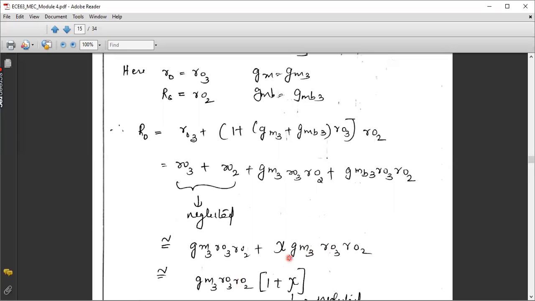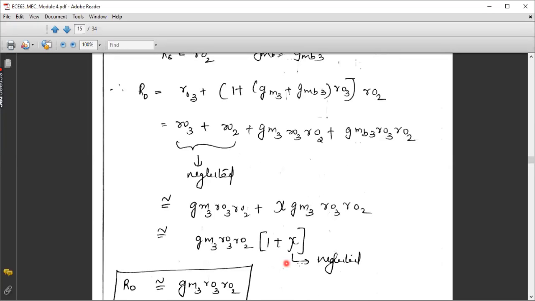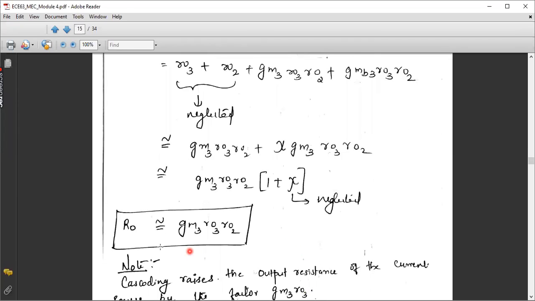I'm taking it outside, so within the bracket, I will get 1 plus chi. This chi will be something like 0 point something, so I'm going to neglect this value. So approximately, I can write my output resistance as GM3 R03 R02, because 1 plus chi is approximated as 1.